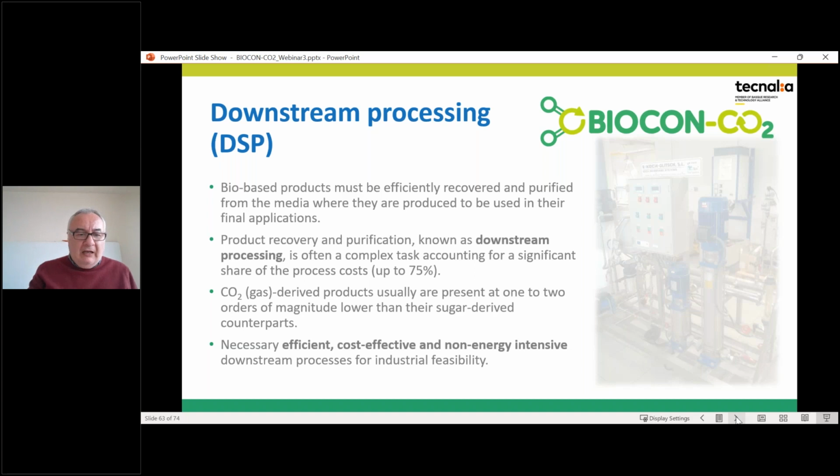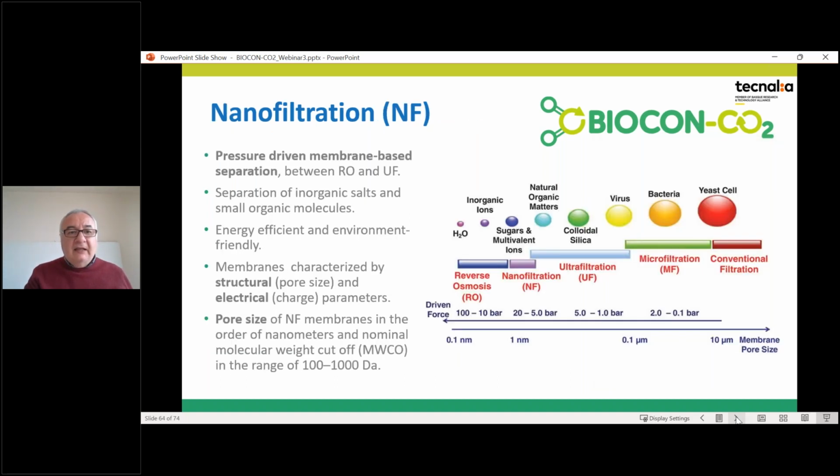I will talk about 2 downstream technologies, first explaining their basis and then applying them in a particular case study. The first one is nanofiltration.